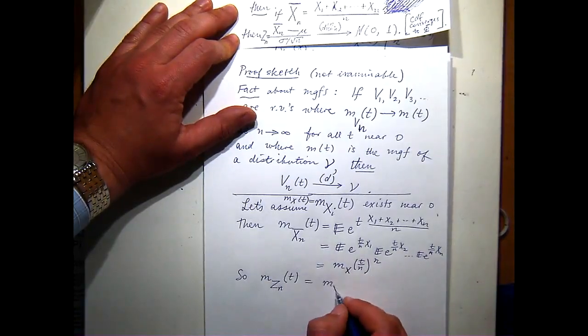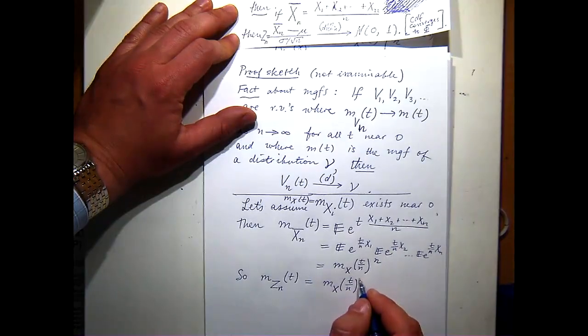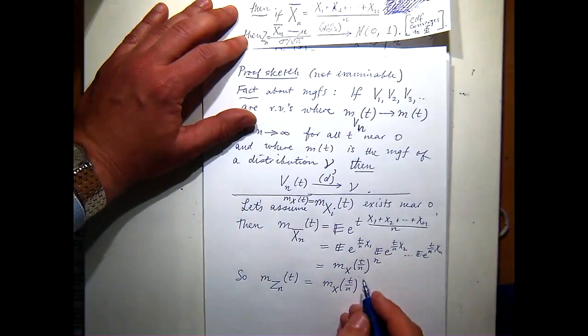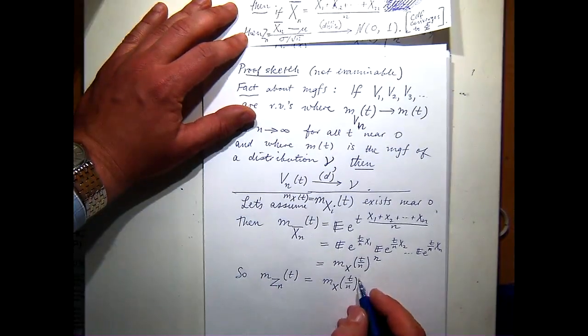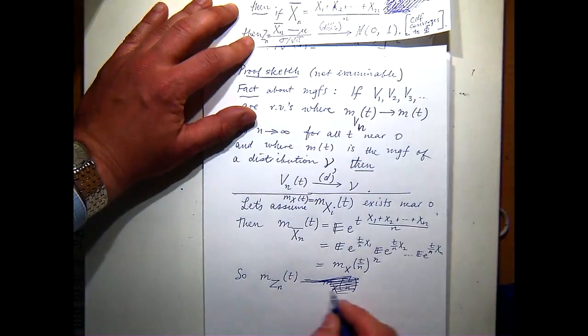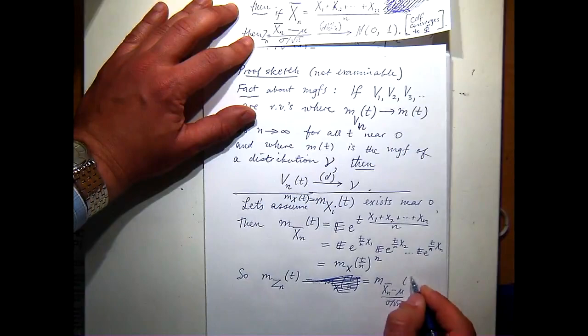mx of t over n to the power, let's just, so that is m x n bar minus mu divided by sigma divided by root n of t.